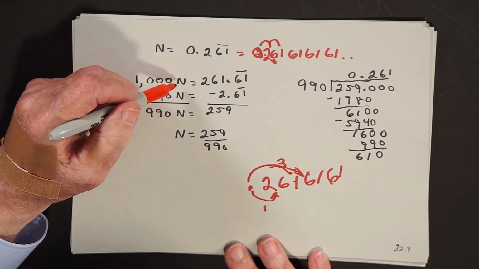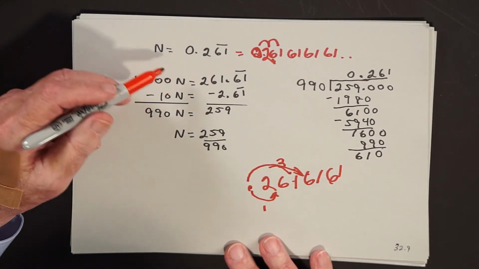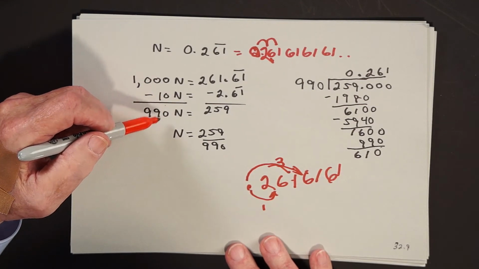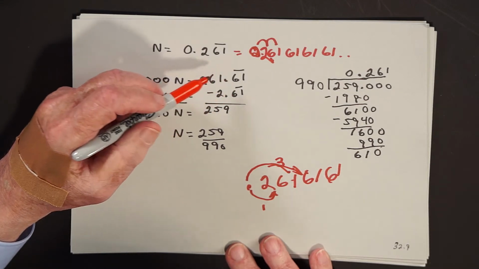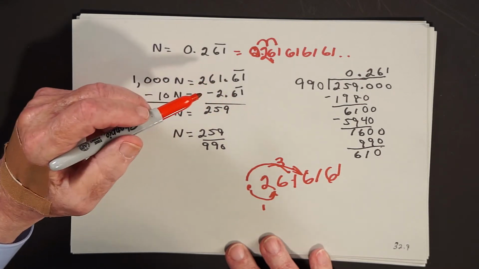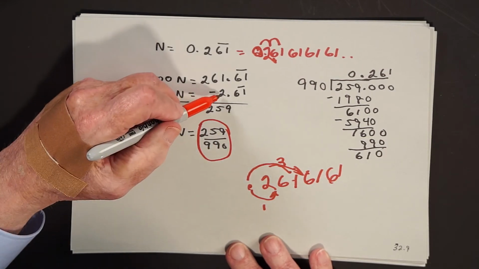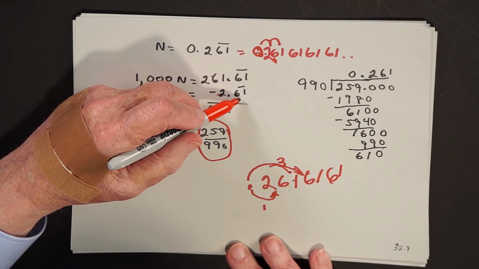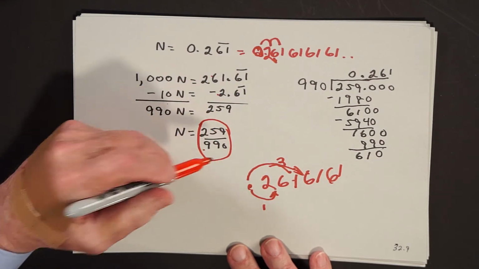If I multiply it by 1,000, I get 261.61 bar. If I now subtract the 10n from the 1,000n, that leaves me with 990n. I subtract the 2.61 bar from 261.61 bar. I get 259, right? 2 from 261 is 259. The 0.61 bar drops out, and the answer is 259 over 990.